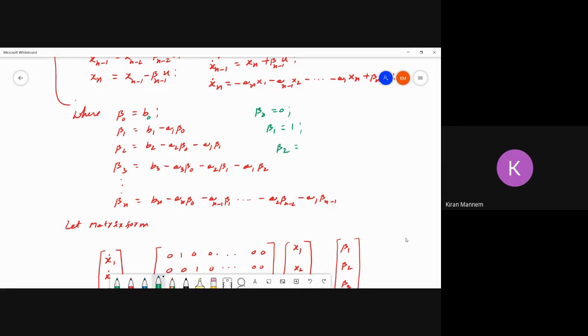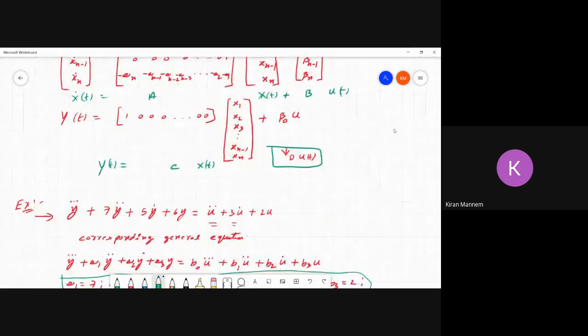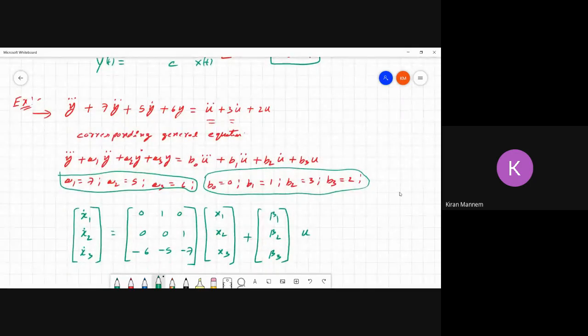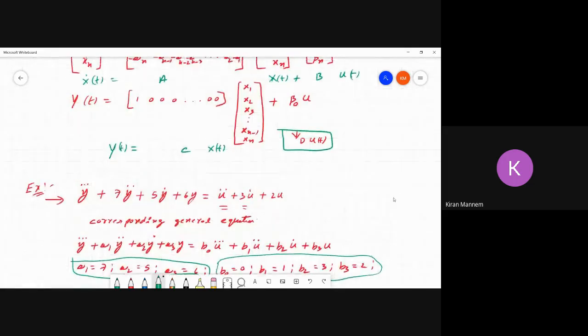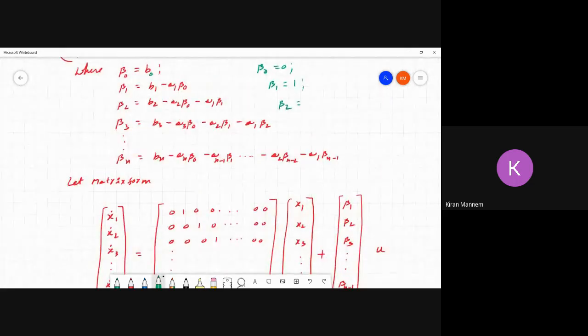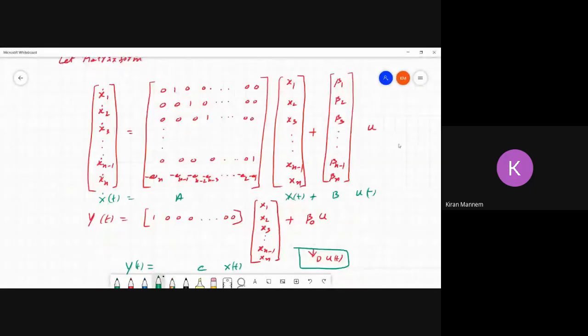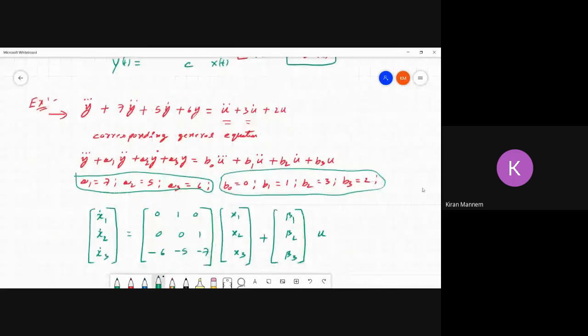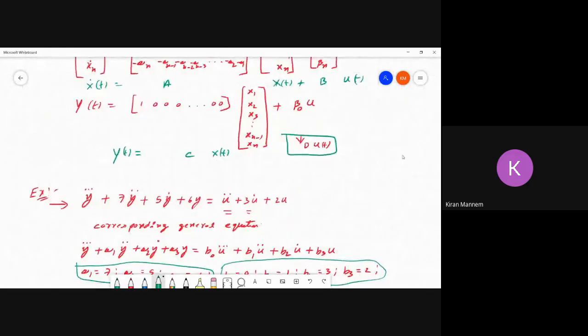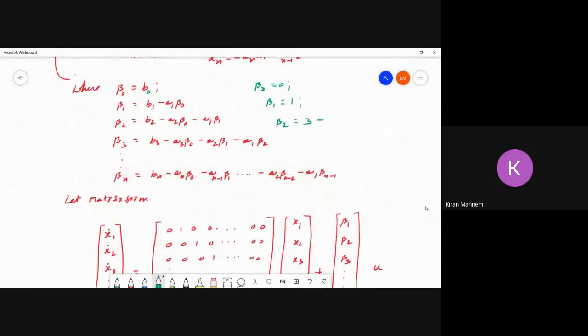So it is 3 minus A1 into beta 1. Beta 1 is 1 here. So what is A1 value? A1 value is 7, right? So 3 minus 7. So it would be minus 4.